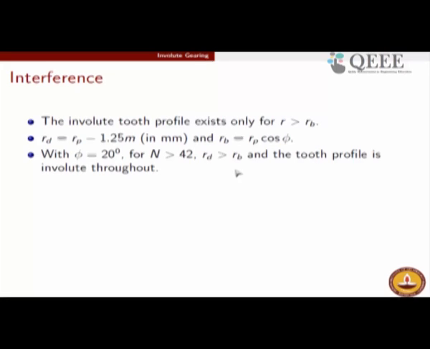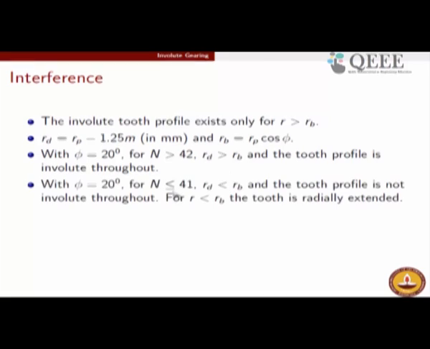That means the entire tooth profile is an involute, so no issues with this situation. But the number of teeth required to attain this condition is pretty high, it is 42. You have to go for at least 42 teeth in a gear to ensure that the dedendum circle radius is greater than the base circle radius.